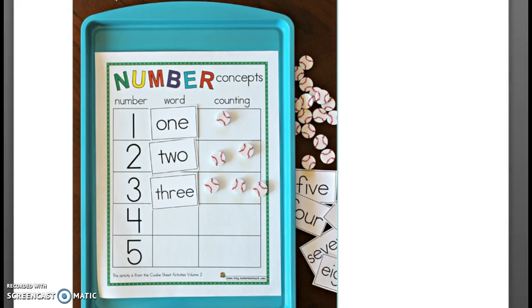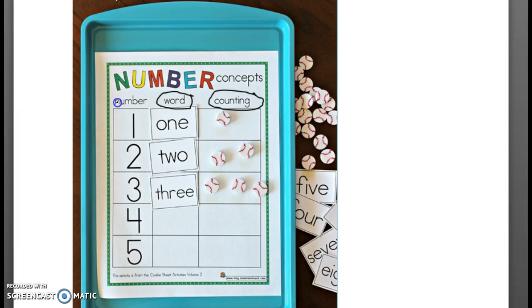This next picture here that I'm scrolling to, I found this on the internet, and the reason I bring it up is because it does some things nicely. So it is hooking together the word for a number. It's hooking it to cardinality, the counting, so the association of the number of objects.